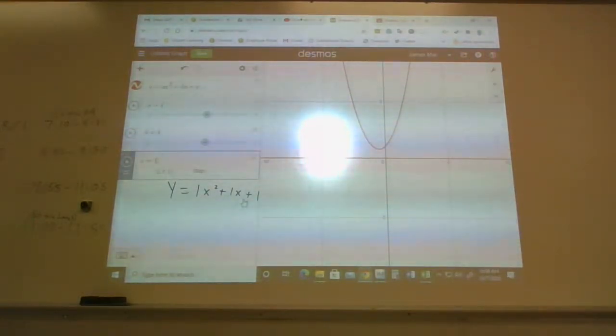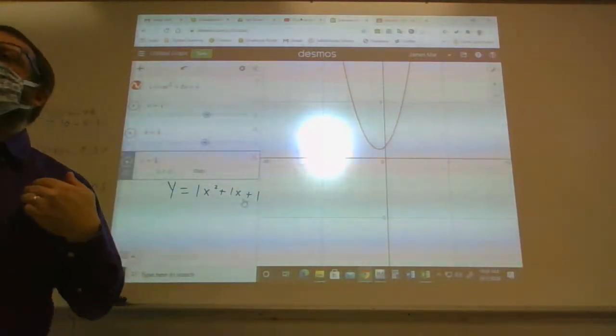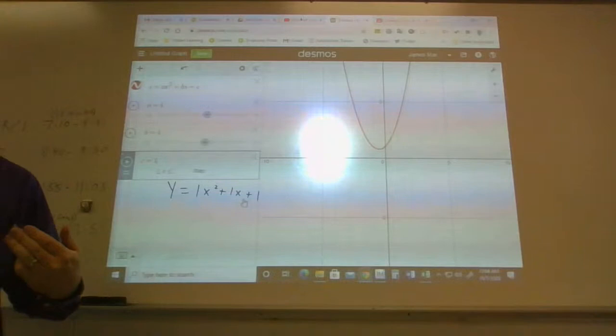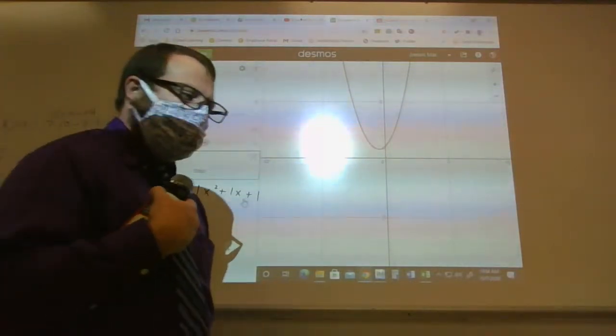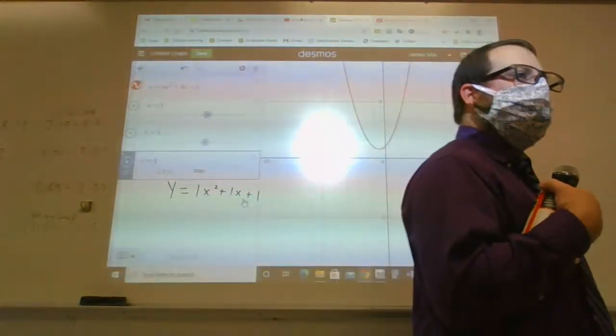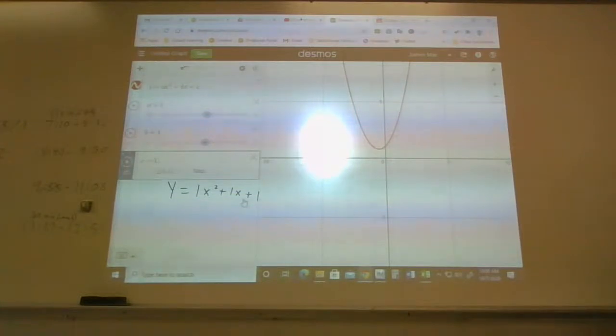If I'm trying to find the solution to this quadratic, what am I looking for? Where does it cross what particular location?